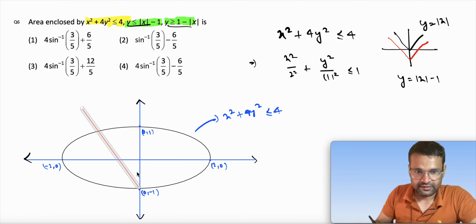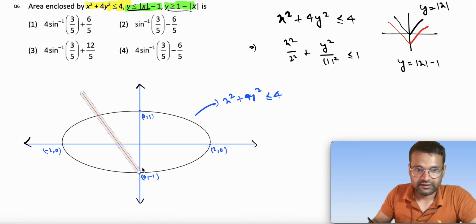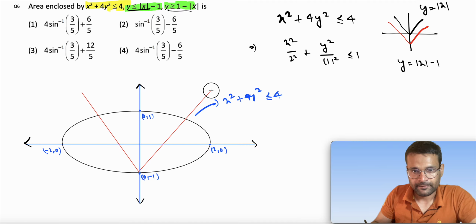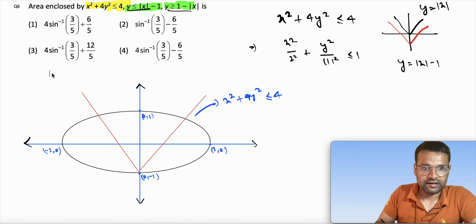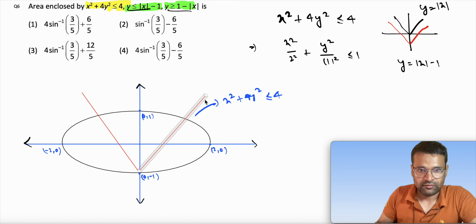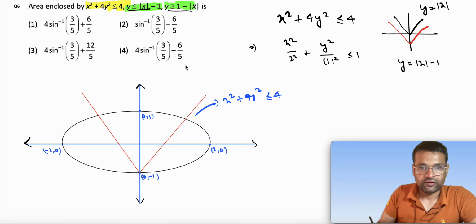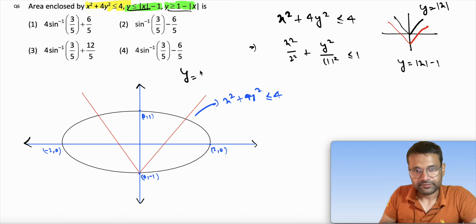This one was the graph of, what can you say, this is the graph of, wait, yes, this one is the graph of y equal to mod x minus 1.